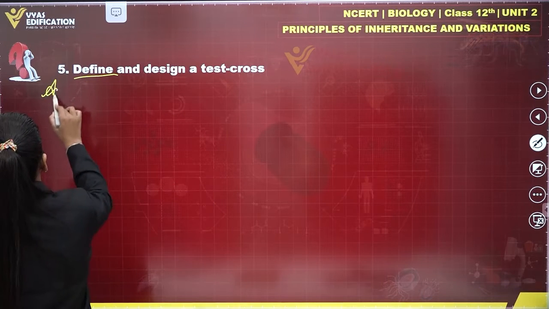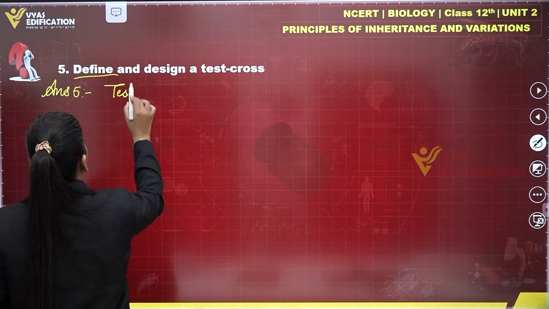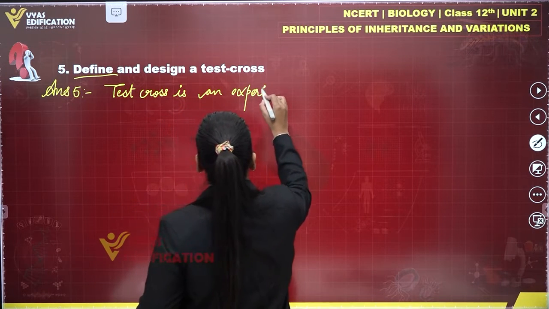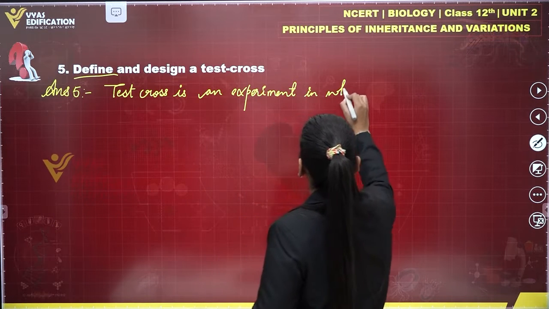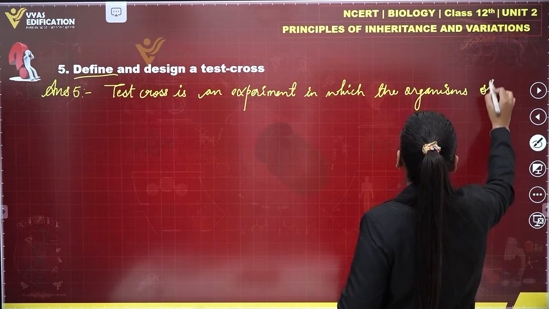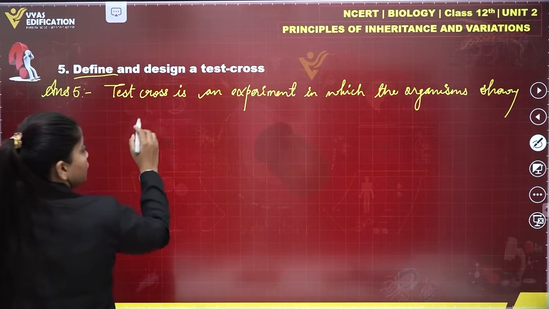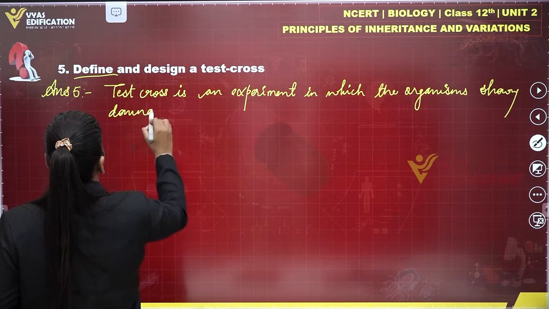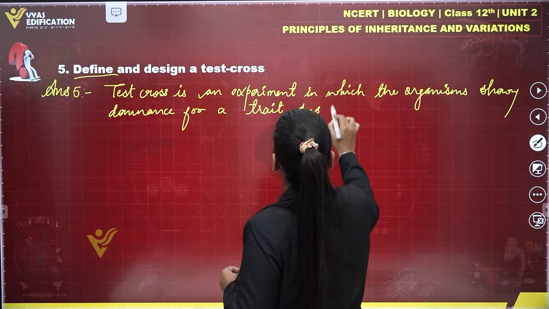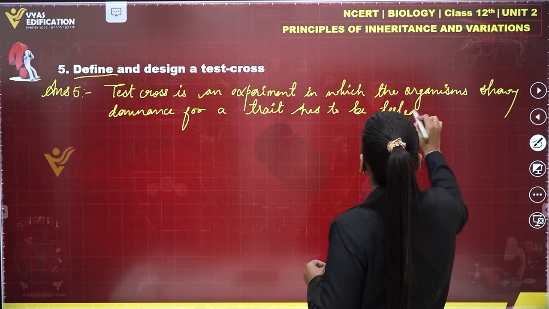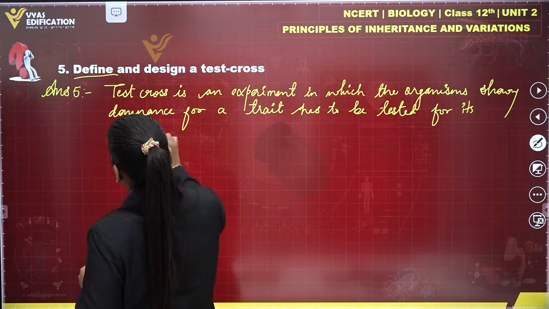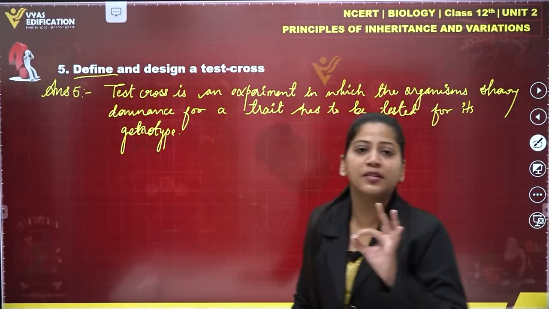So let's talk about question number 5. A test cross is an experiment in which the organism showing dominance for a trait has to be tested for its genotype, whether the organism is heterozygous or homozygous.